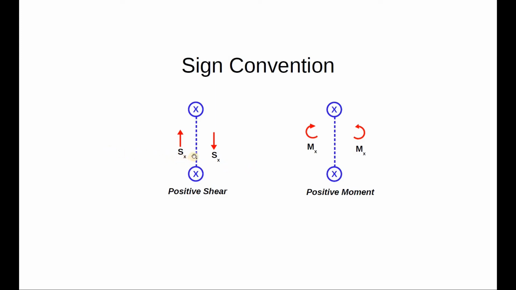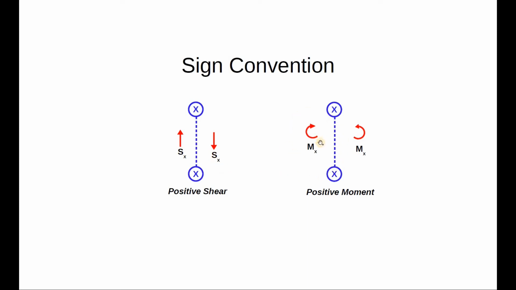During the passage of the section from left to right, any forces going upwards will be considered positive and will be plotted on the top of the baseline. On the other hand, going from right to left, any forces going downwards will be considered positive.